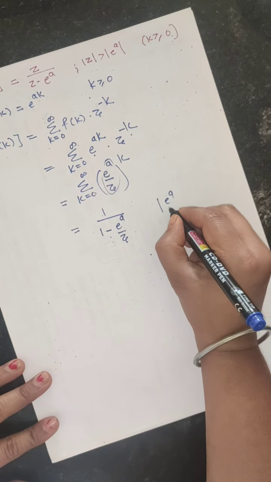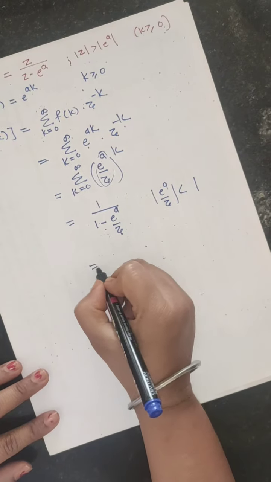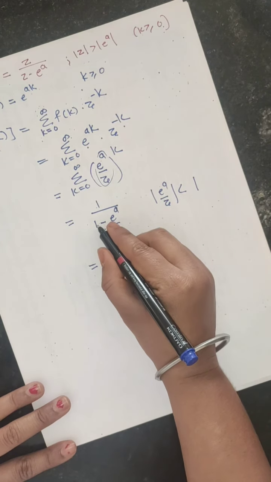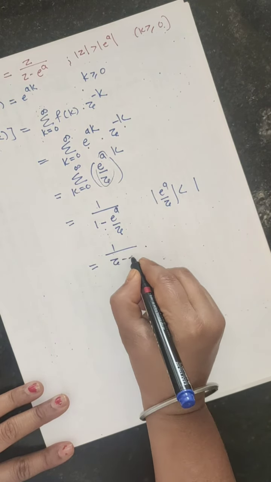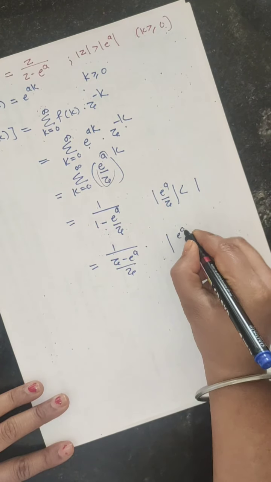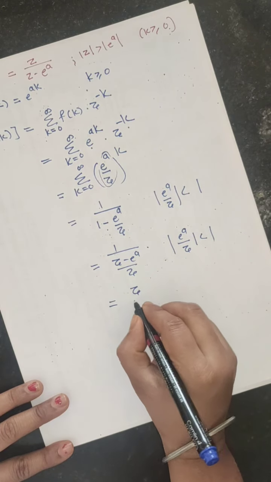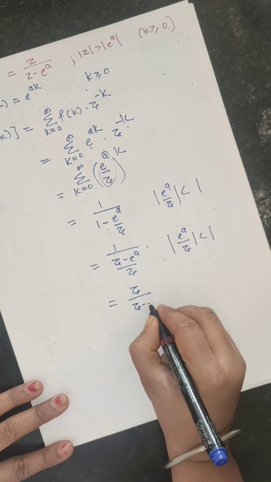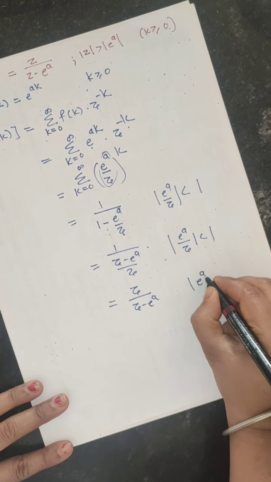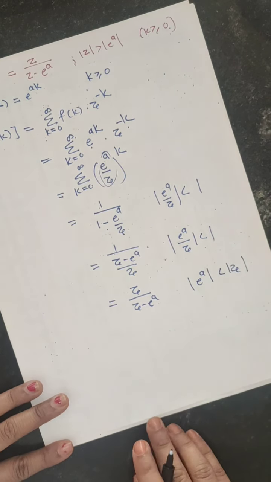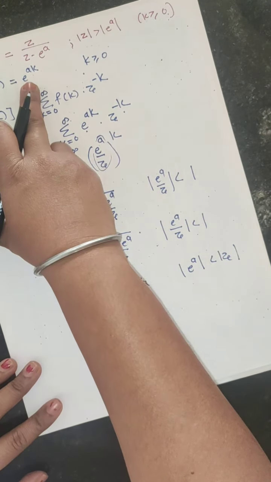For the region, modulus of e raised to a upon z less than 1. Simplify it, multiply and divide by 1 by z. So we get 1 upon z minus e raised to a upon z, that is z upon z minus e raised to a. Multiply both sides by modulus of z, so we get modulus of e raised to a less than modulus of z. So this is the z transform of e raised to ak.